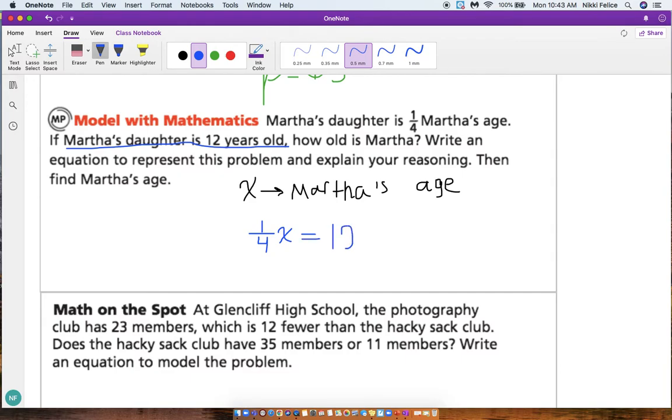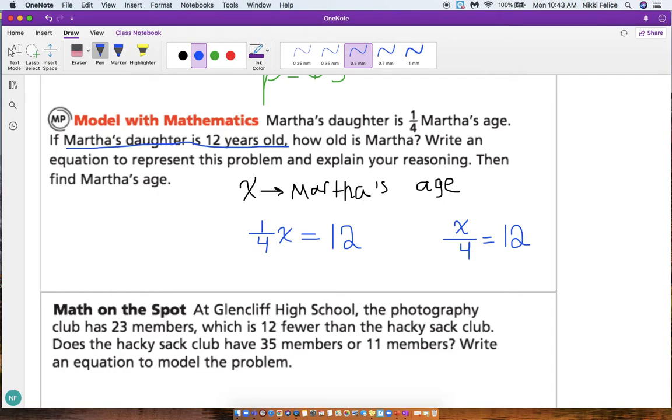That's how old the daughter is. So here is how we could represent this situation with an equation. 1/4 x, however, could also be represented like this. x divided by 4 would equal 12. So this would be another way to represent this same situation. Both equations are equivalent, both of them would work.